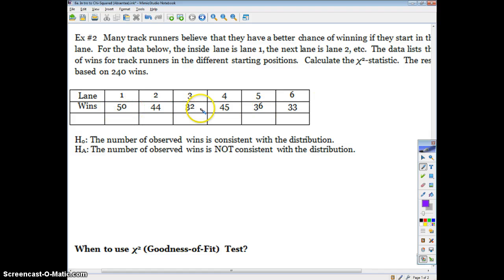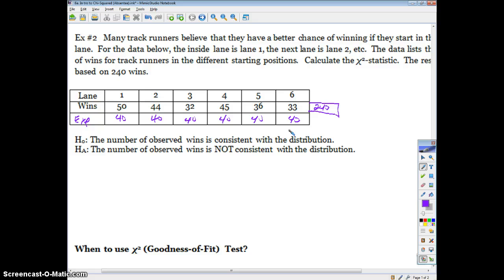Now, how many total do we have here? Add them up, and you get 240. Which means the expected amount of wins from each lane should be 40, 40, 40, 40, 40, and 40.